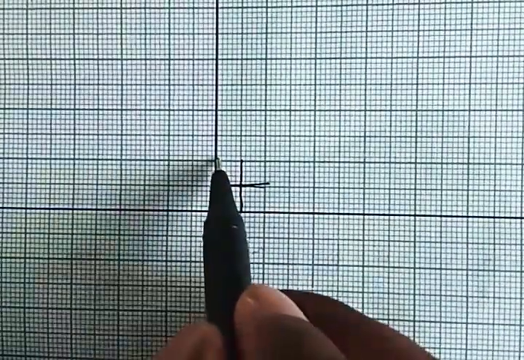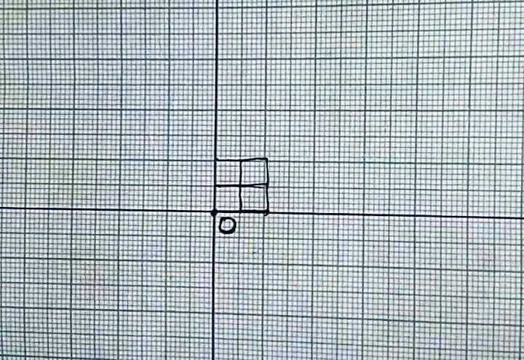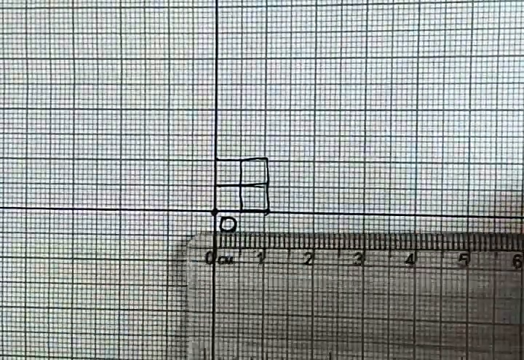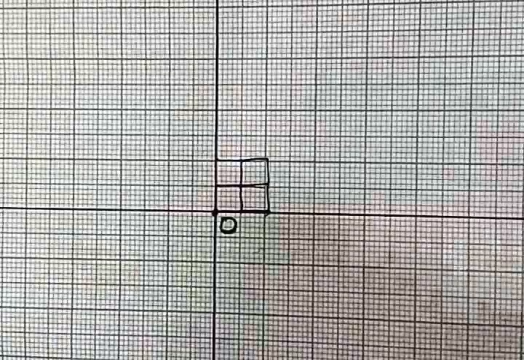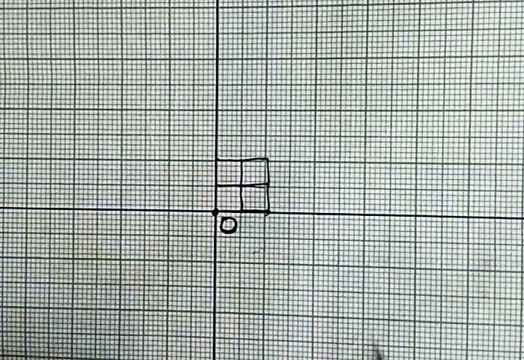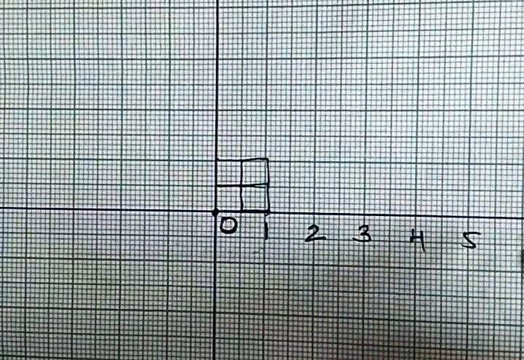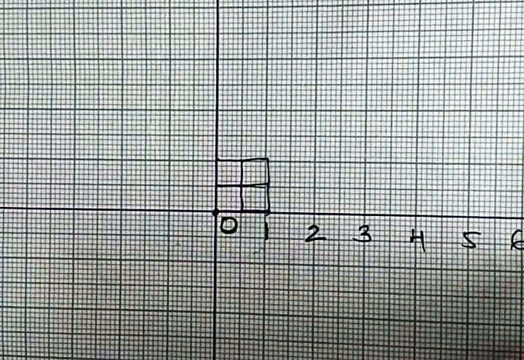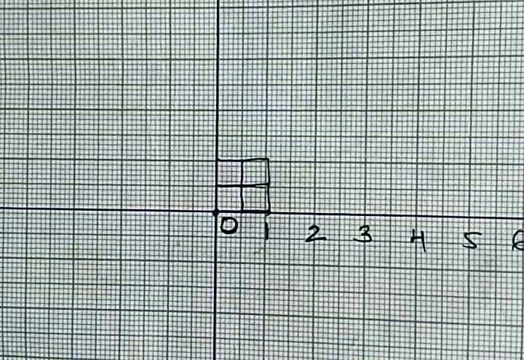So this is one complete square box. This one square box is equal to 1 centimeter. You can even measure with the scale. This is 1 centimeter, but we represent it here as 1 unit. That means I can write here 1, 2, 3, 4, 5, 6, 7, 8 like this, all positive values. I'll just zoom it out.